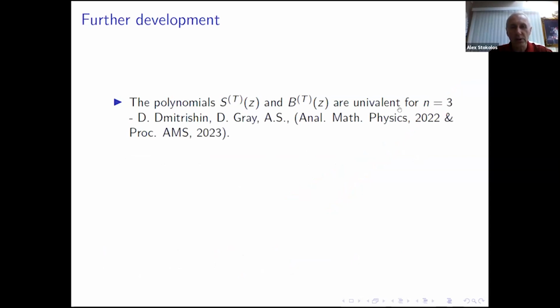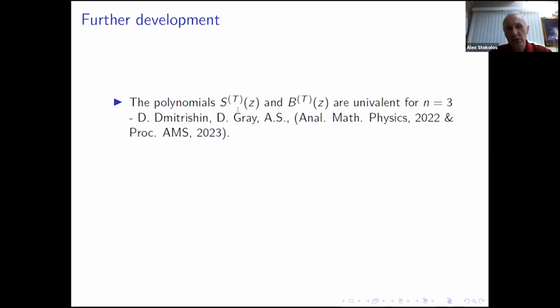So it means we have proved that these trinomials, the Suffridge version and the Brandt trinomials, T-symmetrized, T-folded, are univalent, and this is in our two papers.